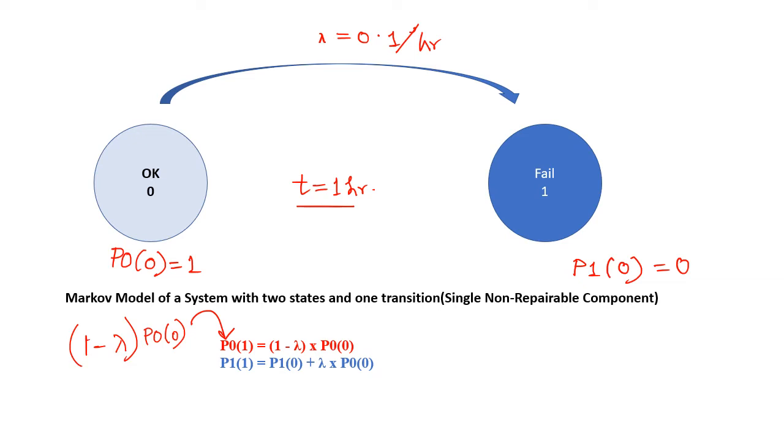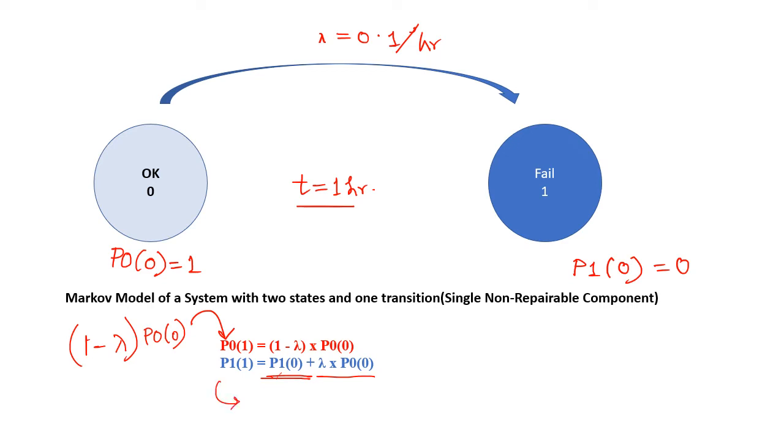Similarly, initially there was no component in the failure state, but slowly some components are failing and coming to this state, right? So we need to add what is initially there, and then how many components transition into this state, that will be lambda into p0 at 0, right?